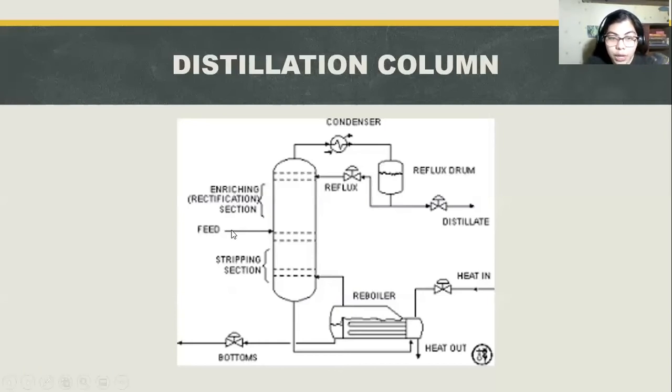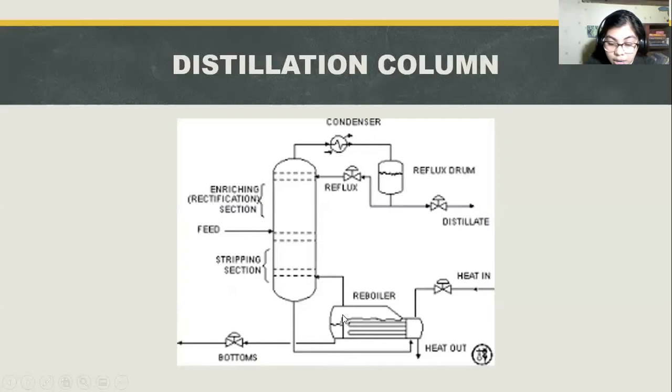When the liquid feed is already introduced here, it will flow down the column and it will be collected here at the bottom in the reboiler. And in the reboiler heat is applied to generate vapor, and usually the source of heat is in the form of steam. The liquid we obtained here in the reboiler is known as the bottom product.